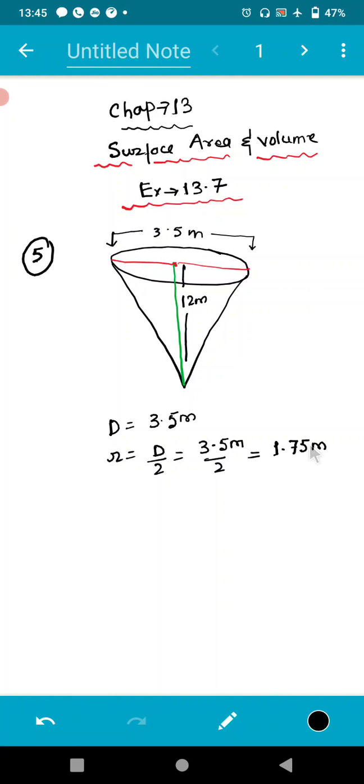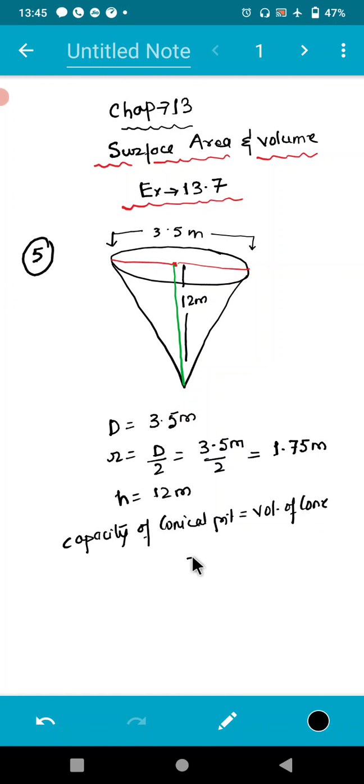So radius is 1.75 meter. Height is given, students, 12 meter. Now they have asked the capacity. So capacity means volume. So capacity of the conical pit is equal to the volume of the cone.